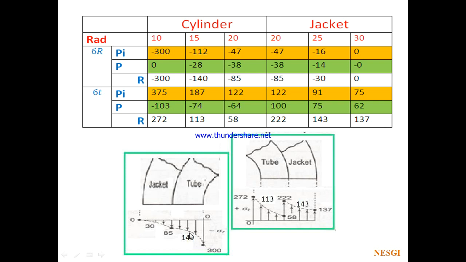This is the resultant radial stress distribution, which is maximum at the inner surface, that is 300, and is compressive in nature, varying from minus 300 to 0. The tangential stress is 272 at the inner surface, and 137 at the outer surface.